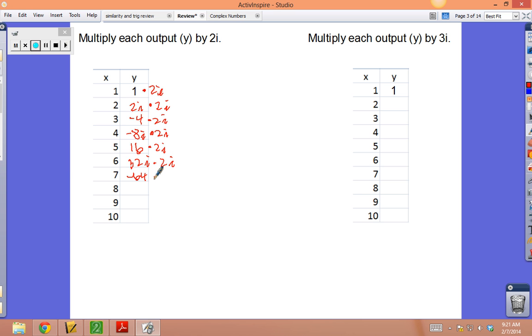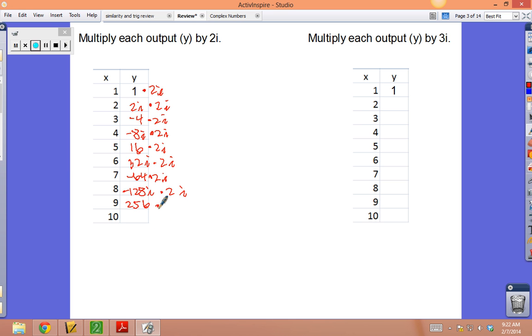Negative 64 times 2 imaginaries is going to be a negative 128 imaginaries. And a negative 128 imaginaries multiplied by 2 imaginaries is going to be a negative 256 i squared. But i times i is a negative 1, so it's going to be positive 256.